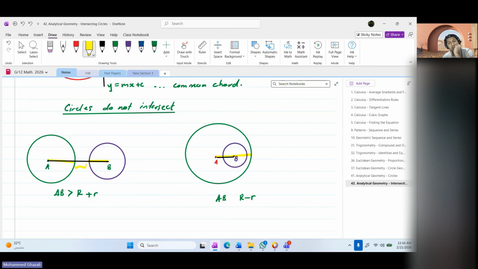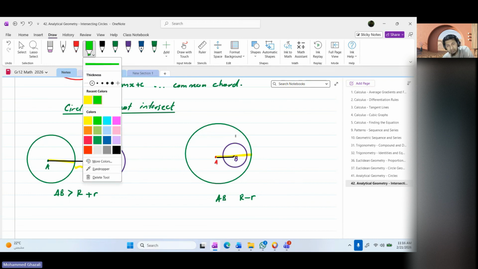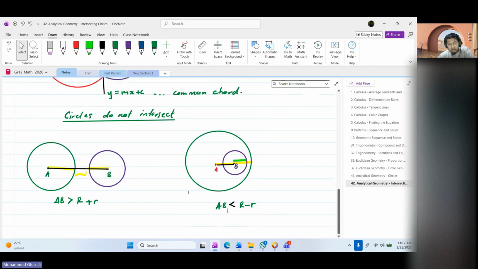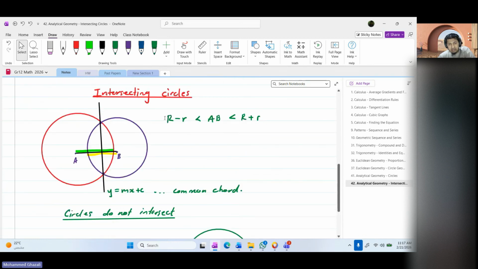So we are trying to allocate this point over here. So capital R is this entire distance here, and we are subtracting this small r over here. So AB will be less than R minus R. Okay. So in other words, basically it's out of this boundary. AB is greater than R plus R, or AB is less than R minus R.